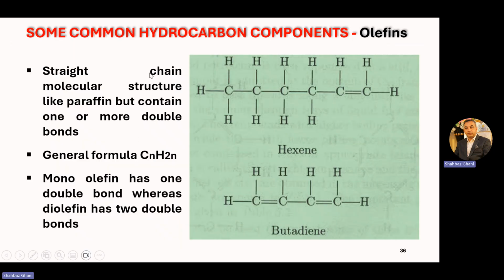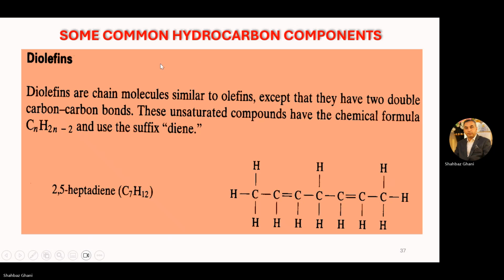Now, straight chain molecular structure like paraffin, but containing one or more double carbon bonds, like this. The general formula is CnH2n. A monoolefin has one double bond, whereas a diolefin has two double bonds. This is diolefin.